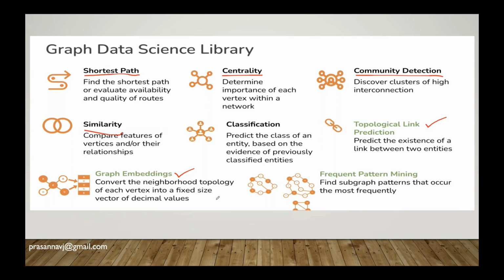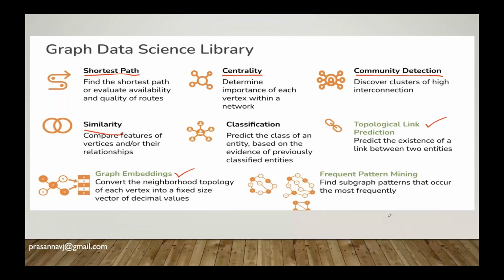One option is you can create something called a graph embedding to convert your graph structure to a tabular structure internally, so that you can apply the typical machine learning algorithms. That is part of graph embedding.